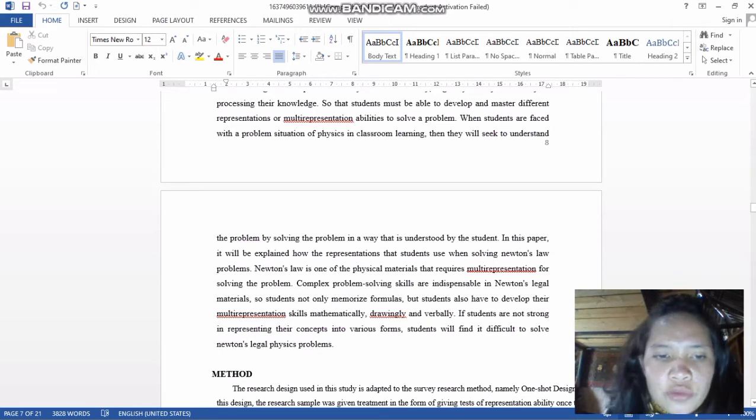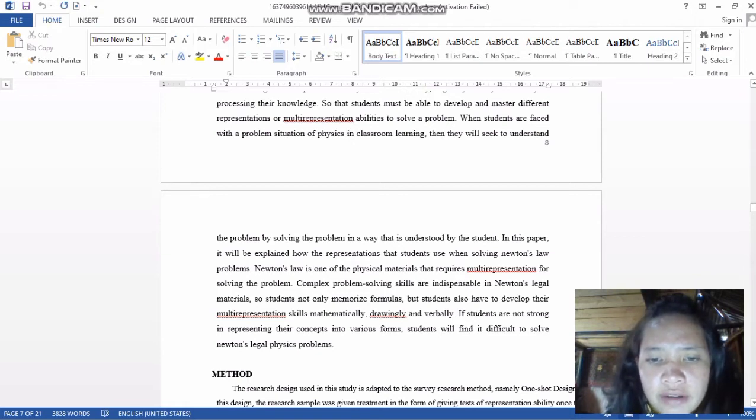In this paper, it will be explained how students represent problems when solving Newton's law problems. Newton's law is one of the physics materials that requires multi-representation for solving problems.